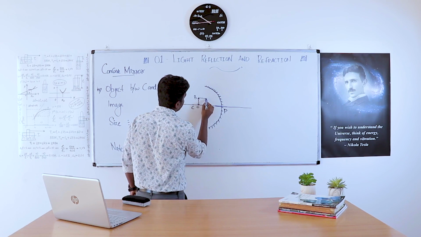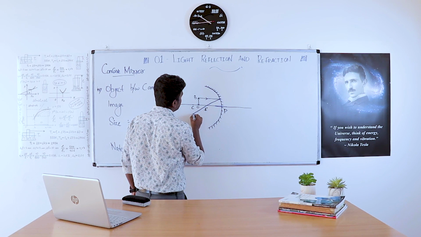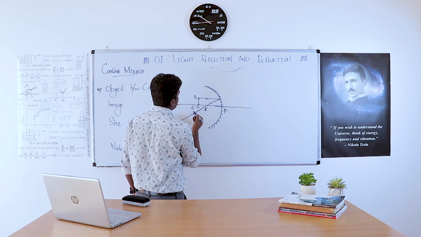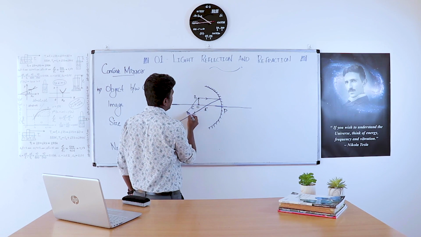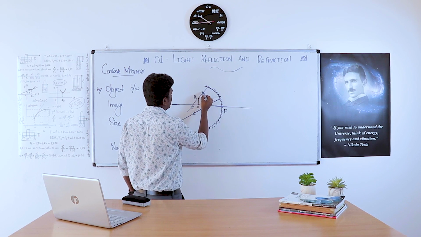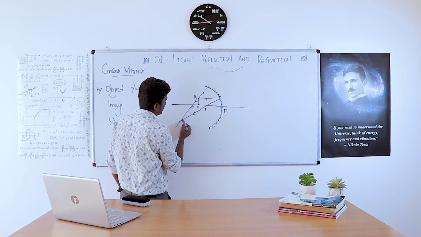A ray of light passing parallel to the principal axis, after reflection, passes through the focus. Now a ray of light passing through center of curvature after reflection retraces the same path.